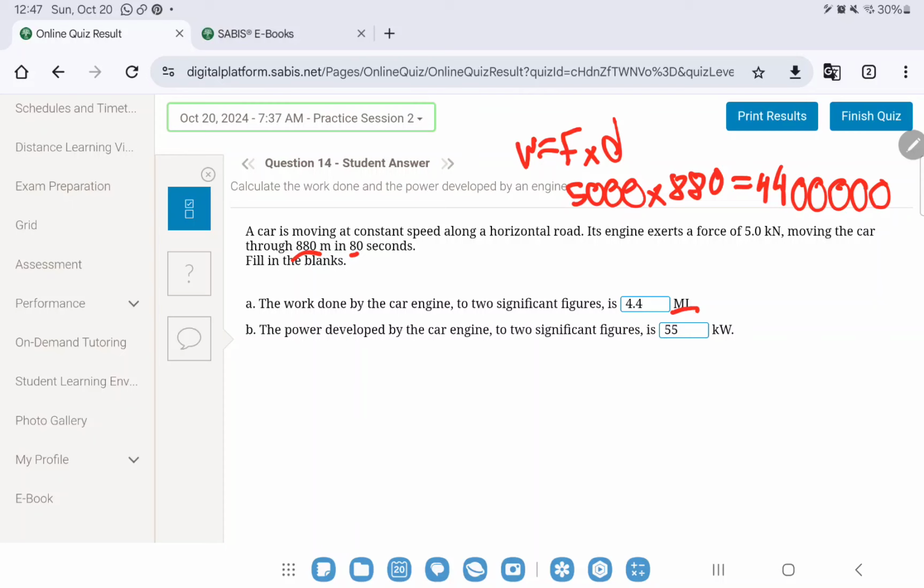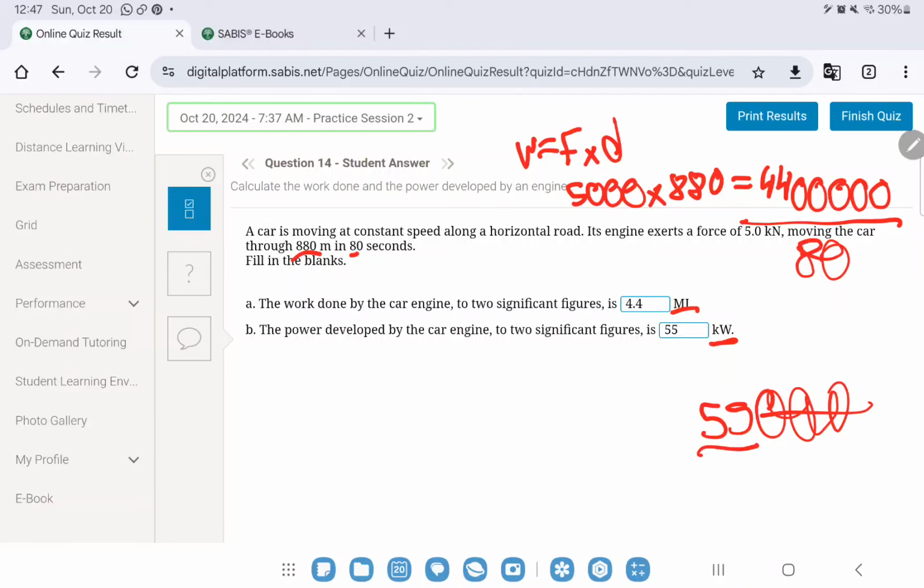So it's asked in megajoules, so you remove all 5 zeros and move it all the way over here, so it is 4.4. But knowing we need to calculate power still, we bring back the original number, and divide it by the time, 80 seconds. You're gonna get it to equal 55000, which you remove 3 zeros because it's kilowatts, so you're left with 55.